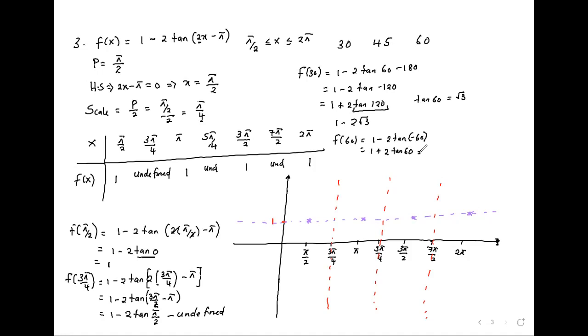Oh, so we're getting these values outside the interval of our sketch. Yeah, it's outside the interval, but still we'll pick 1 or 2 things there. So this is tan 60, so we'll have 1 plus 2 root 3.